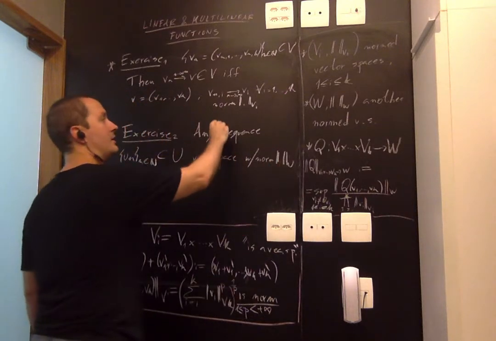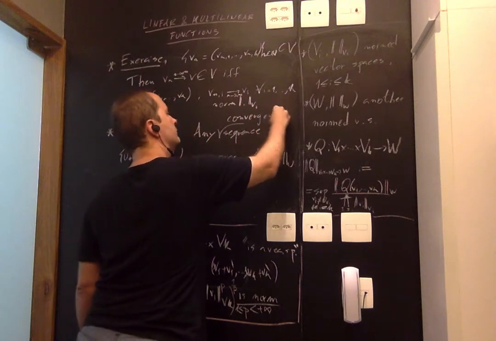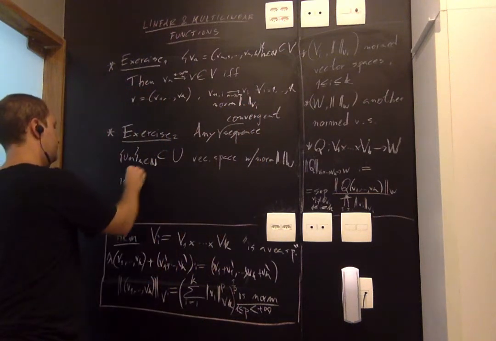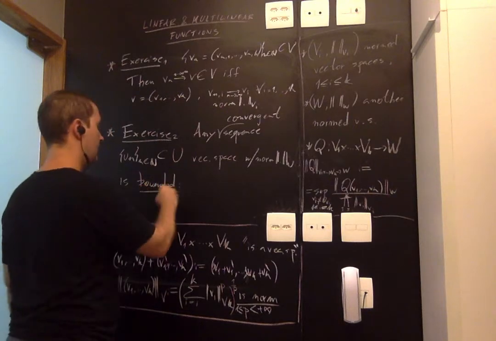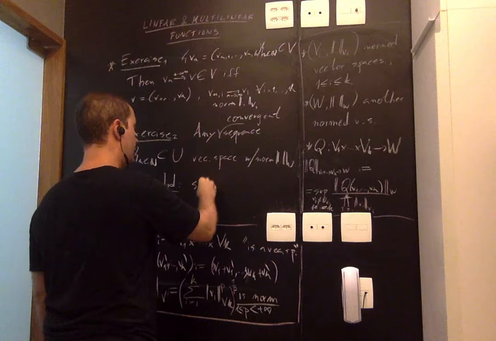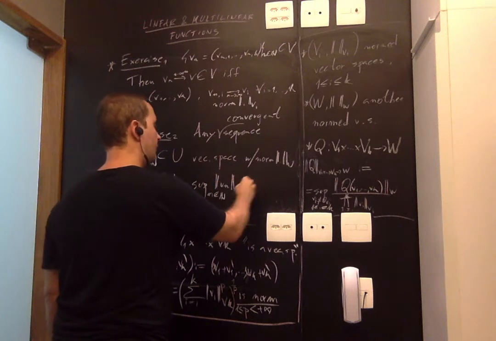And sorry, I forgot to add something. Any convergent sequence is bounded, meaning that the sup of the norms of the U sub n is finite.